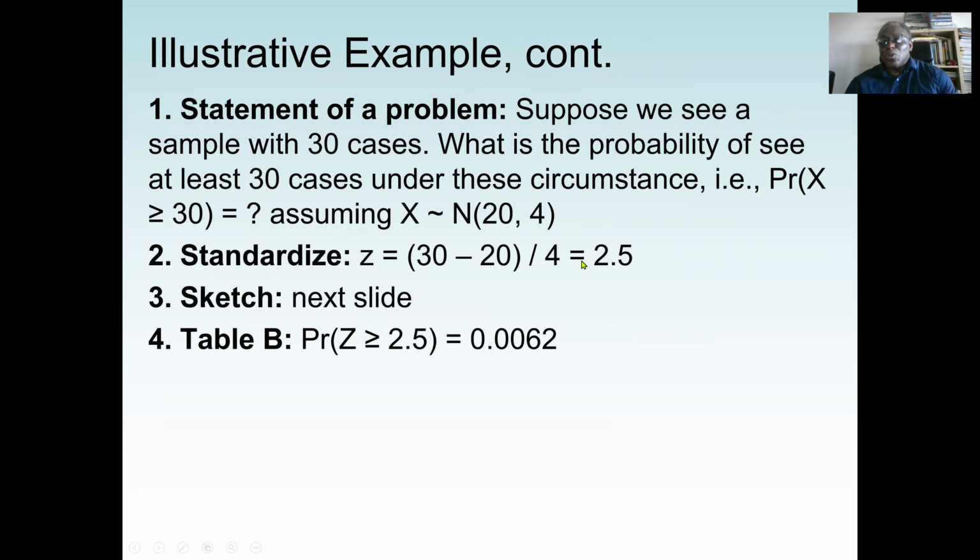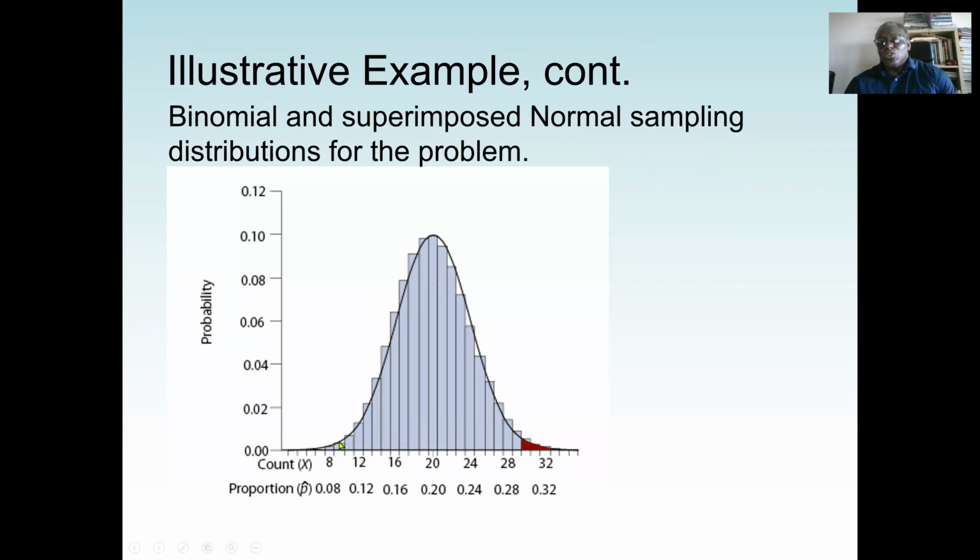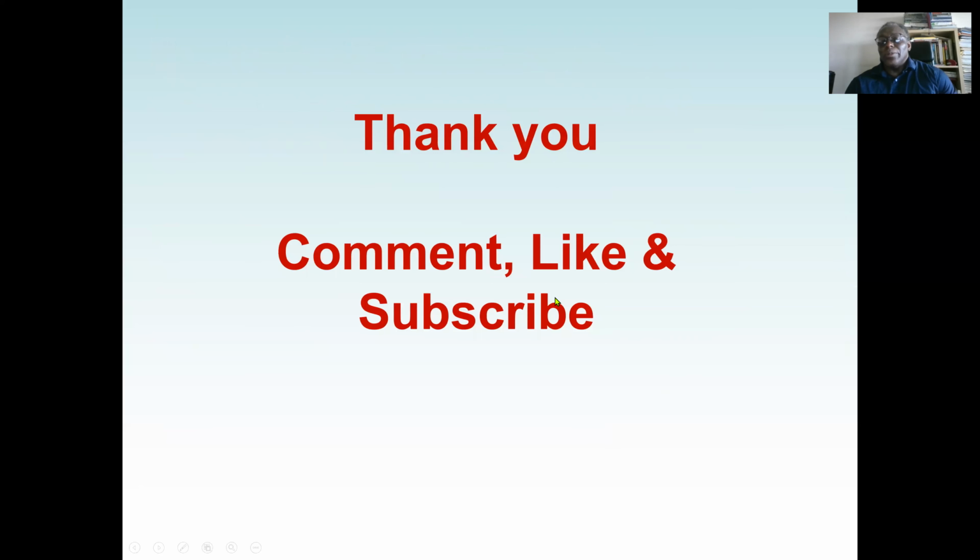At the top should be 0.00, because it's only 2.50. Since we want greater than or equal to 30, we subtract the answer from 1, because the table always gives us a value from the left to the actual value. I'm looking for greater than 30, so it will be the right side. So I subtract the answer I get from left to the value 30 from 1 to get the rest, because we know the total probability is 1.